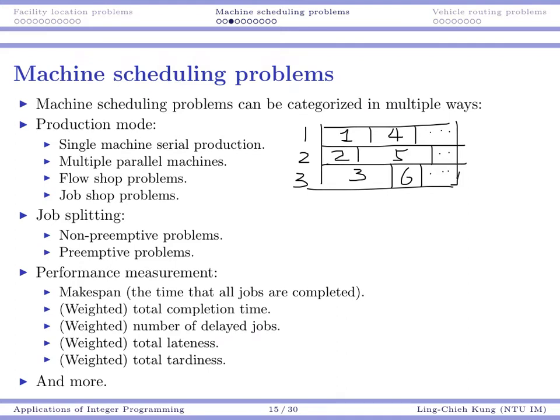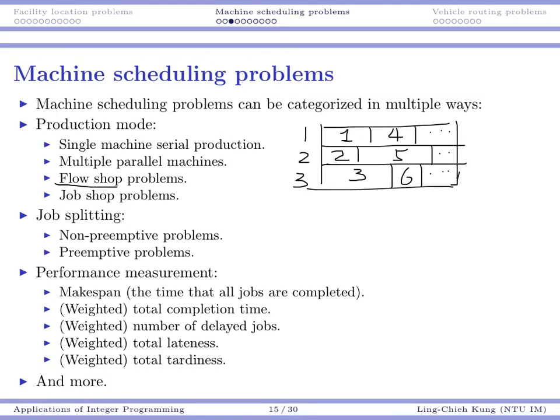You also have flow shop and job shop problems. They are problems with multiple machines and multiple stages for each job. Consider the following case. For flow shop, that means for each job, you have a few stages. You need to first pass machine 1, and then machine 2, and then machine 3, and so on.